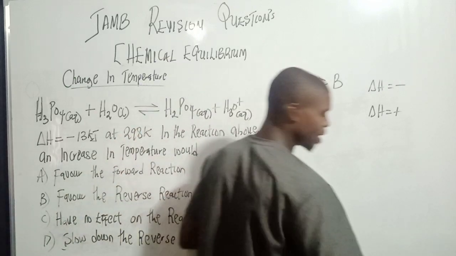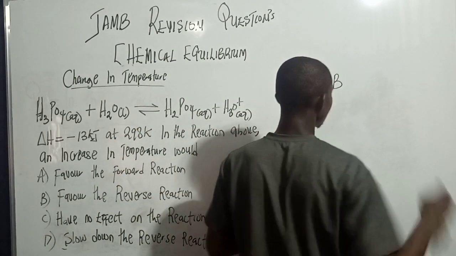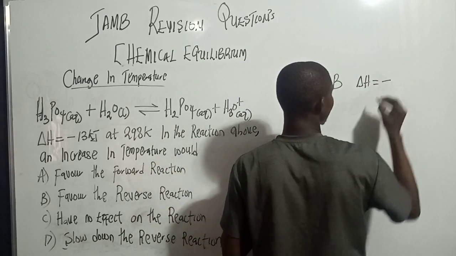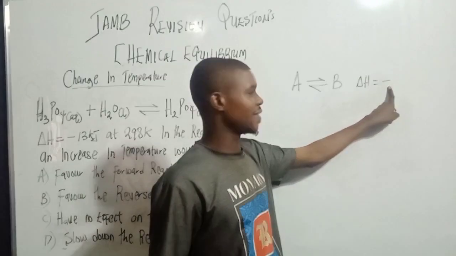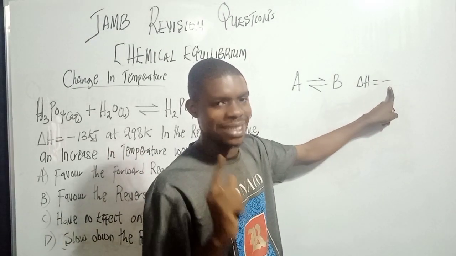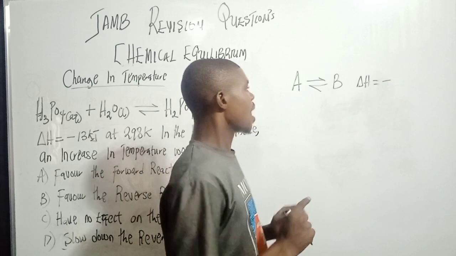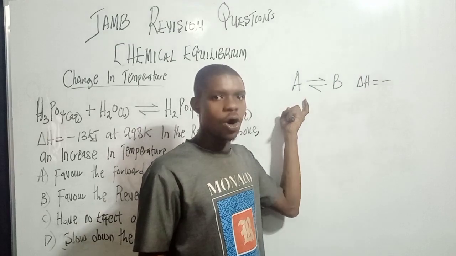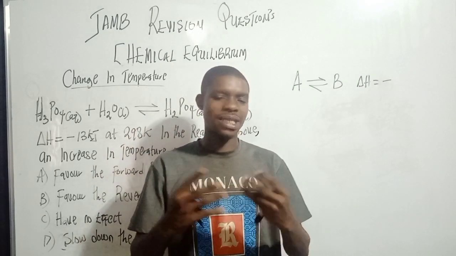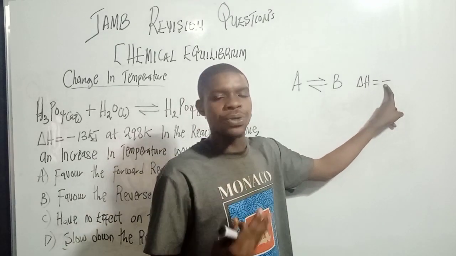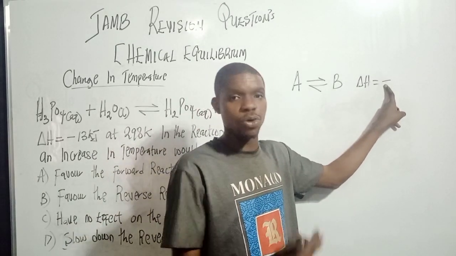If, for example, here we have delta H is negative. Do you get? Delta H is negative. Now, when I say delta H is negative, it is less than zero. And if I want to express it in terms of equilibrium, or I want to solve in equilibrium, because it is negative, it will be treated as a product.